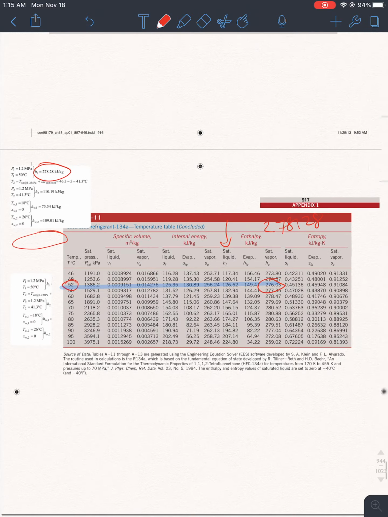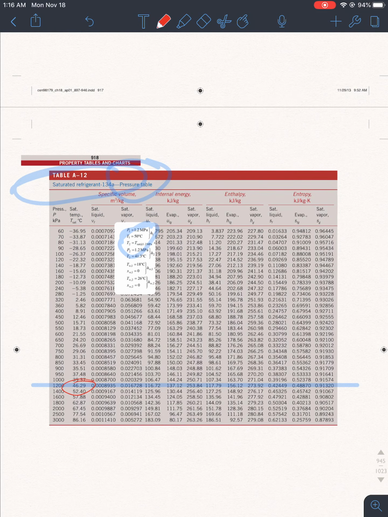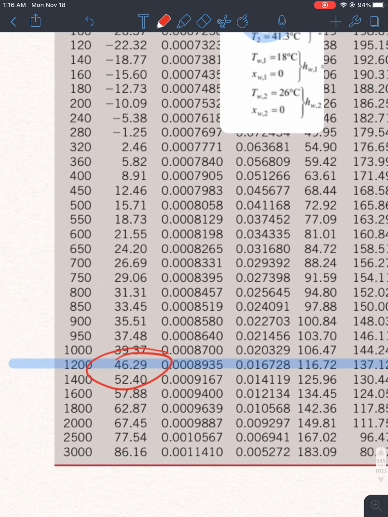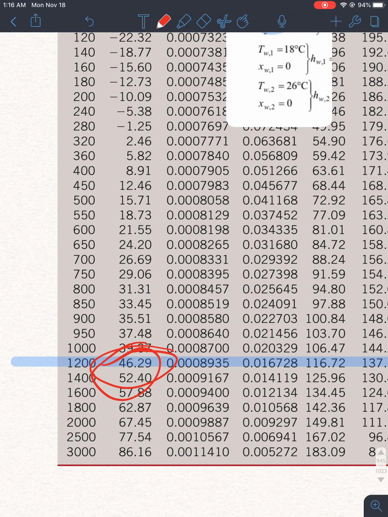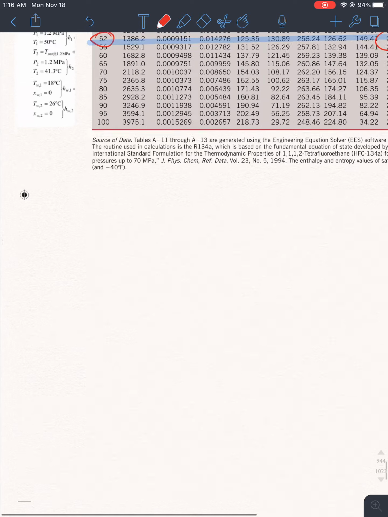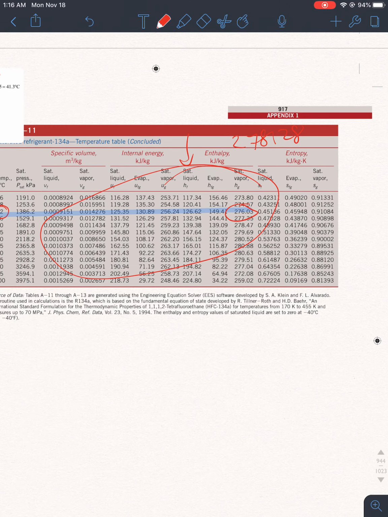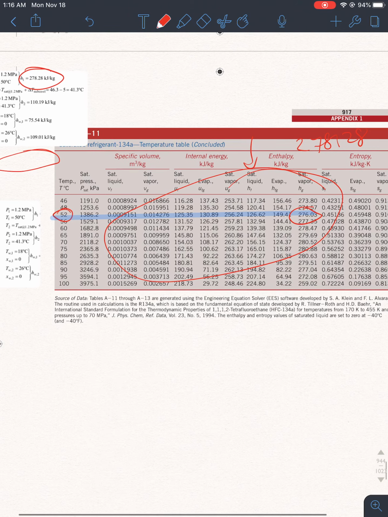Oh man, am I looking at the wrong table? Is it down here? No, it's one of those. It starts off as a high pressure, so I assume it would be liquid. Wherever it is, I don't care what it is. Don't want to waste your time.